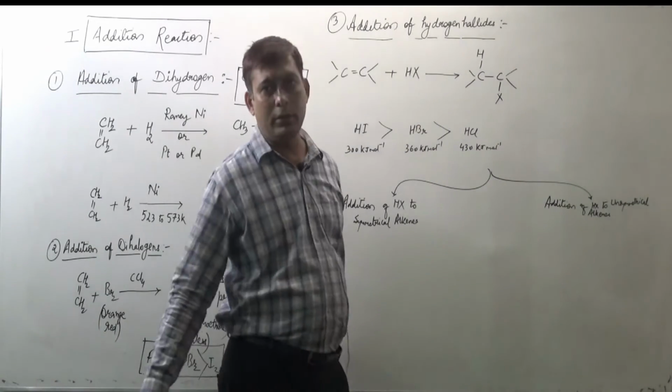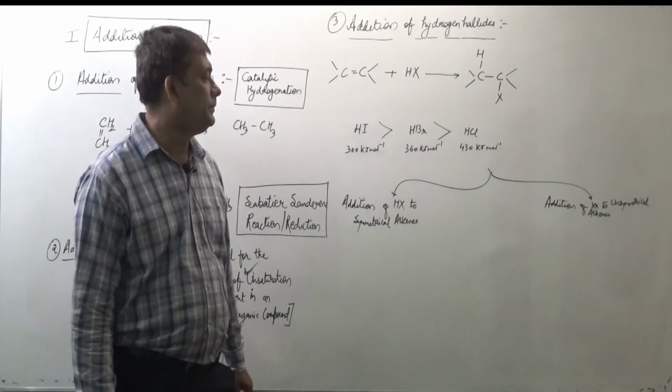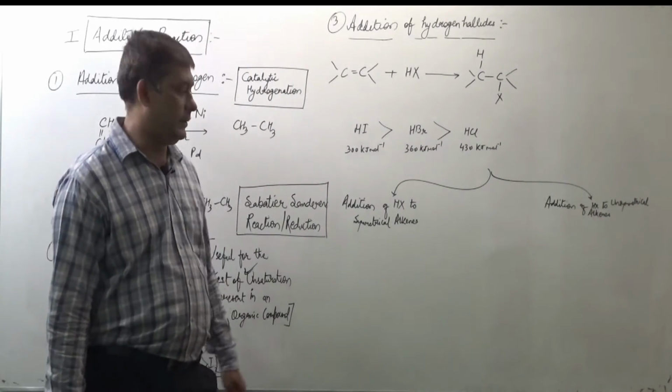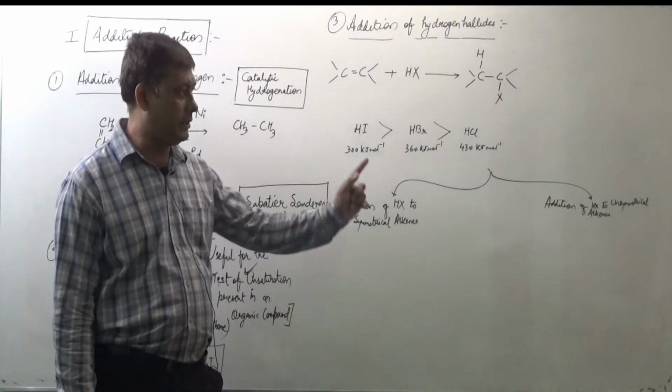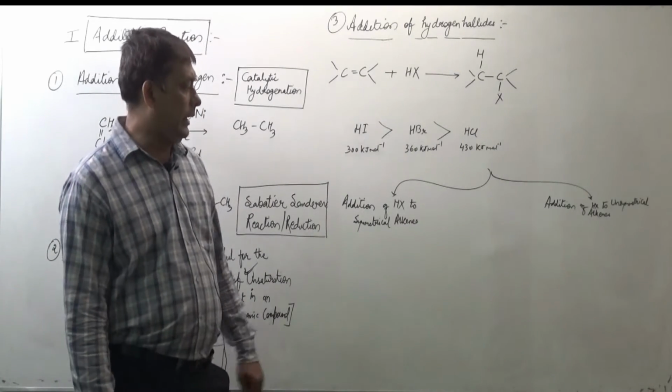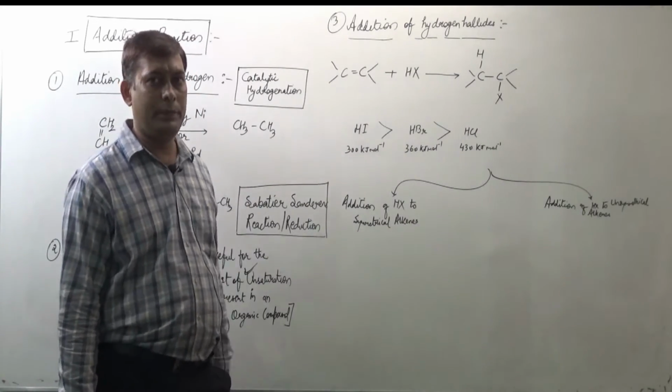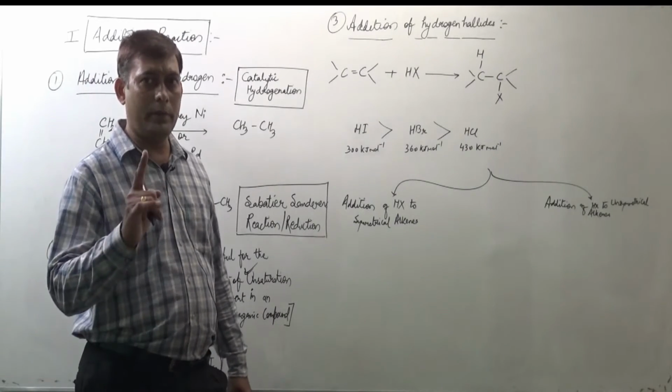The type of product would be decided on the basis of whether the alkene is symmetrical or unsymmetrical. And if the alkene is symmetrical, then theoretically only one product is possible.